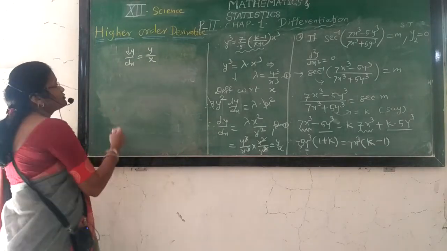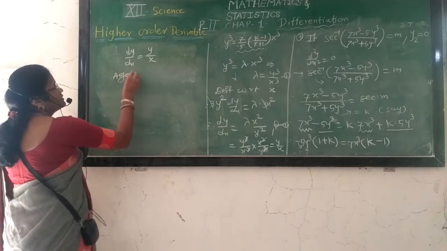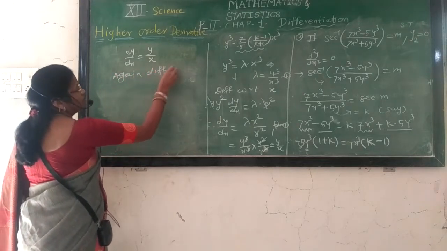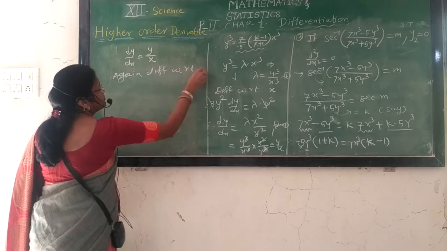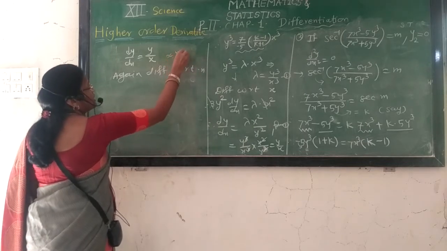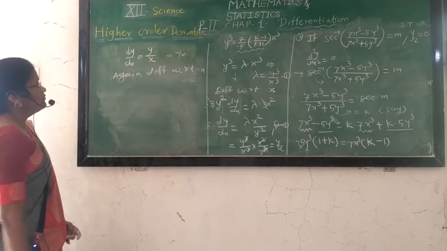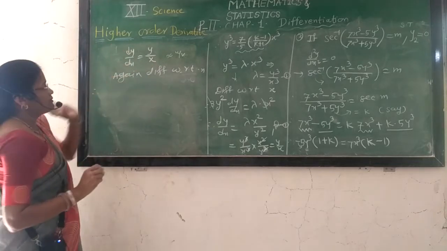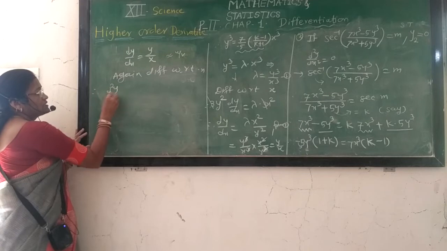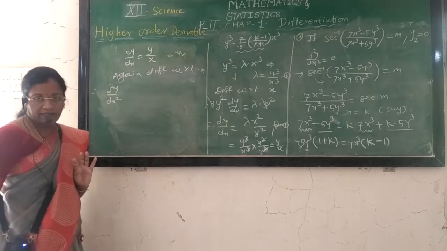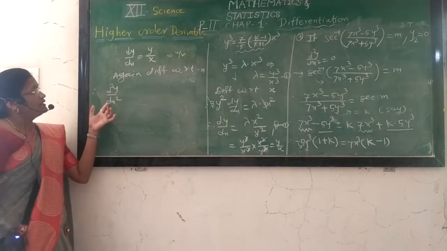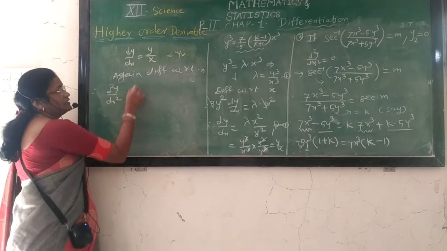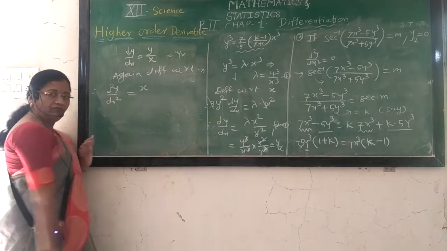Now we prove this. Here again differentiate with respect to x. Now apply the u upon v rule. For the left side, derivative of dy by dx with respect to x becomes d2y by dx square. So d2y by dx square will be the derivative of the left side. Now for the right side, start from v.